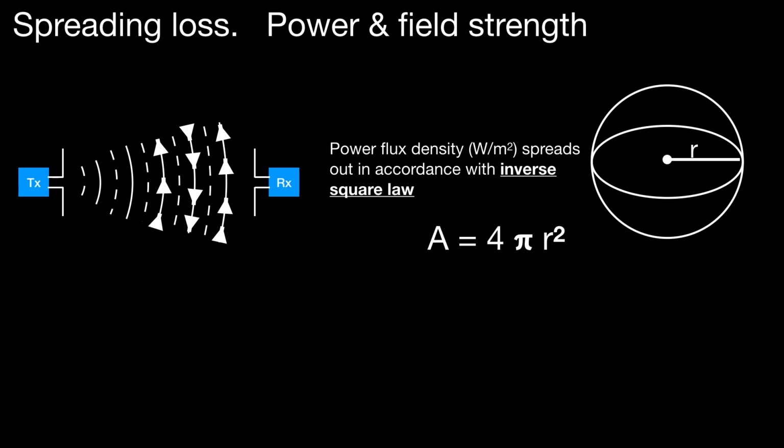The area has gone up by 4, but the power at the center of the sphere hasn't increased, it remains the same, but it's spread over 4 times as much area. So as the radius of the sphere increases, the illumination in terms of power decreases with an inverse square law relationship.